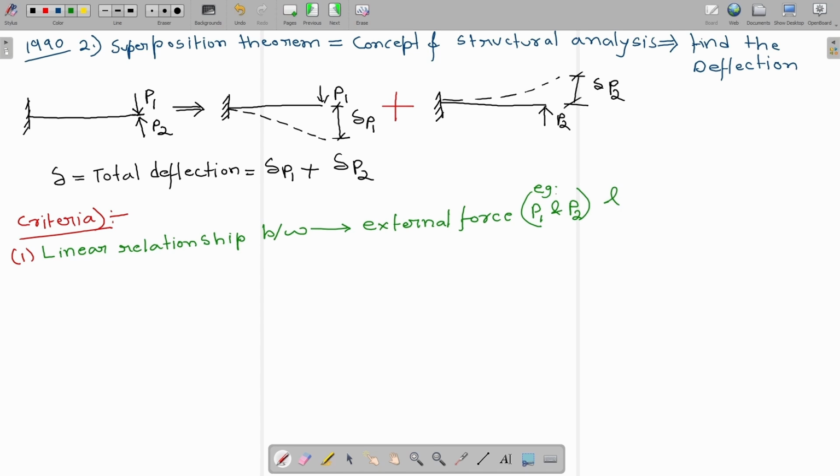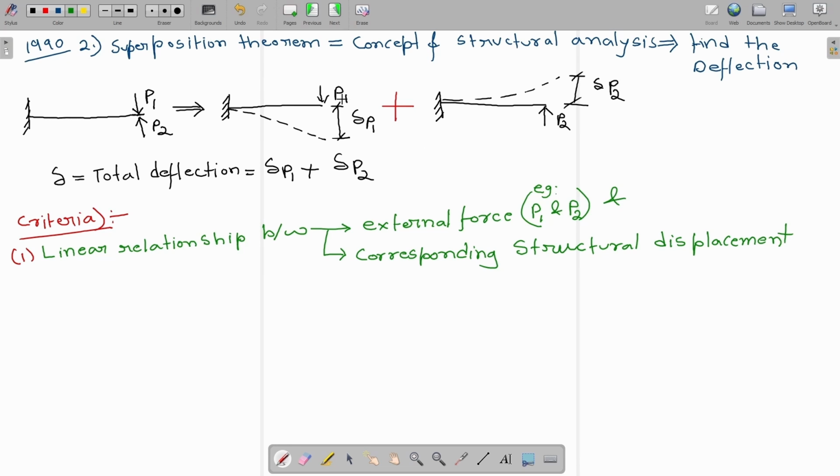structural displacement. Okay, the linear relationship exists between the external force and their corresponding structural displacement.